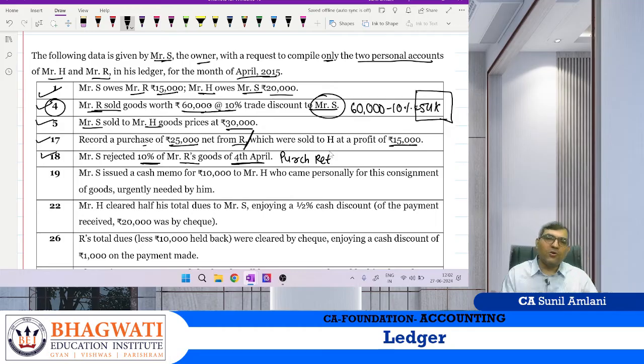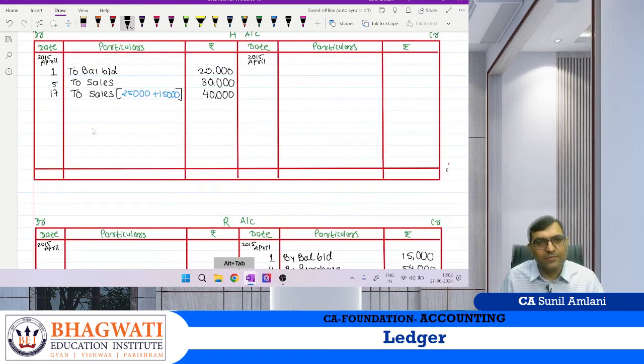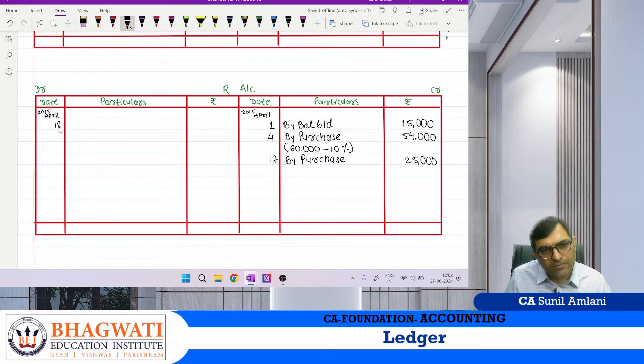Supplier account debit to purchase return, 18th. To purchase return. It will be 5,400. Out of 54,000, 10% goods rejected.